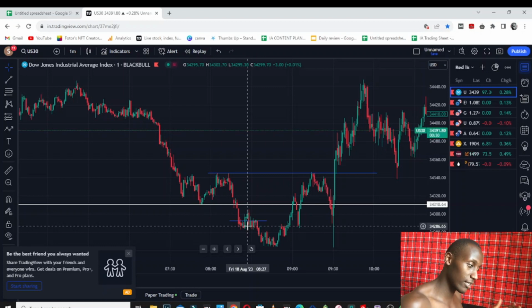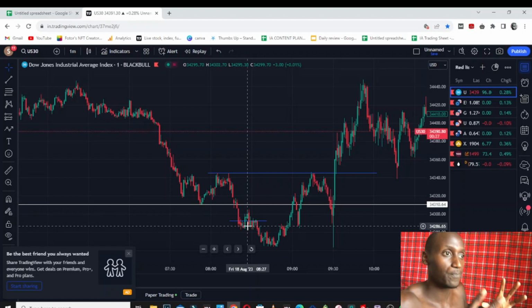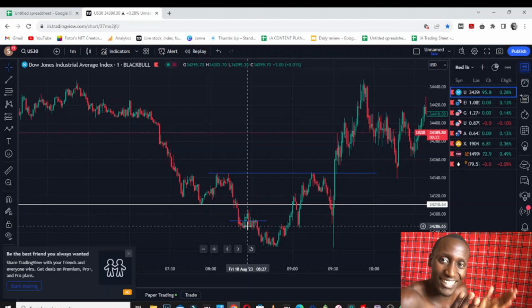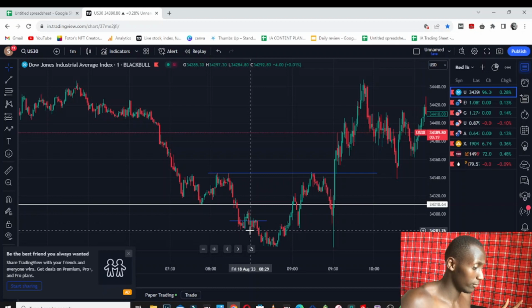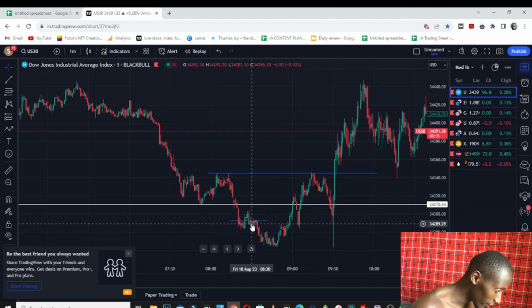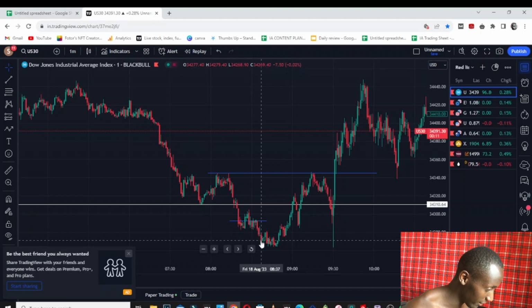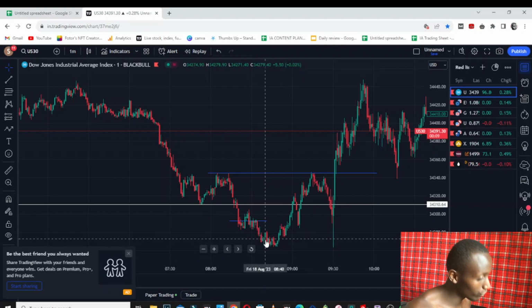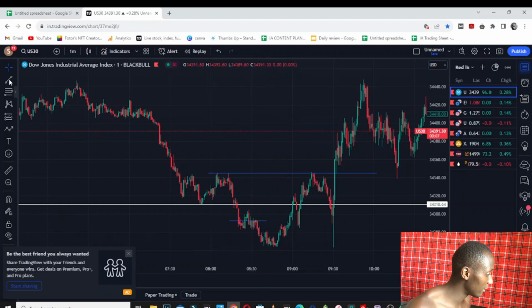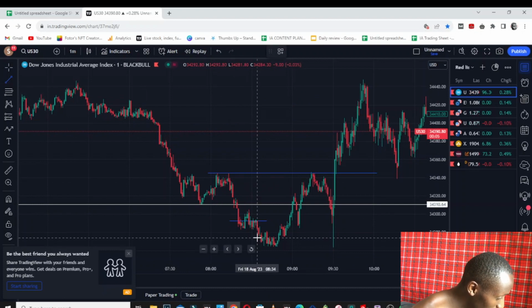The strategy is simple and very, very specific. We want things as clear as possible. If it's not clear, don't bother your time trying to do your thing. So the first one, we have no breakout, but price breaks down, continues down, and then we have another breaking structure.